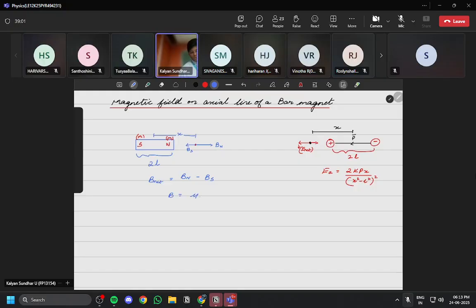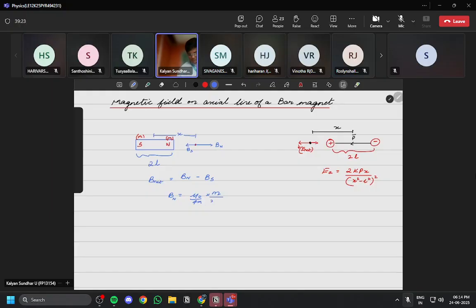Now, how do you write the magnetic field value? Your B will be equal to mu naught by 4 pi into pole strength m divided by distance square. For the north pole, the distance will be x minus L, correct?